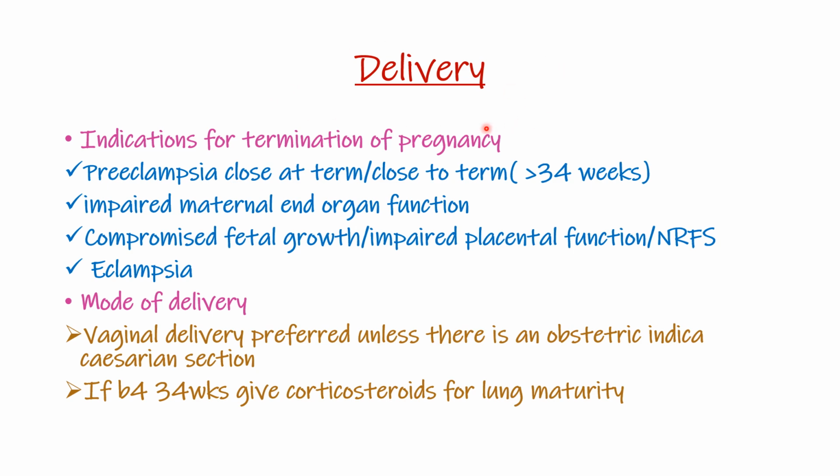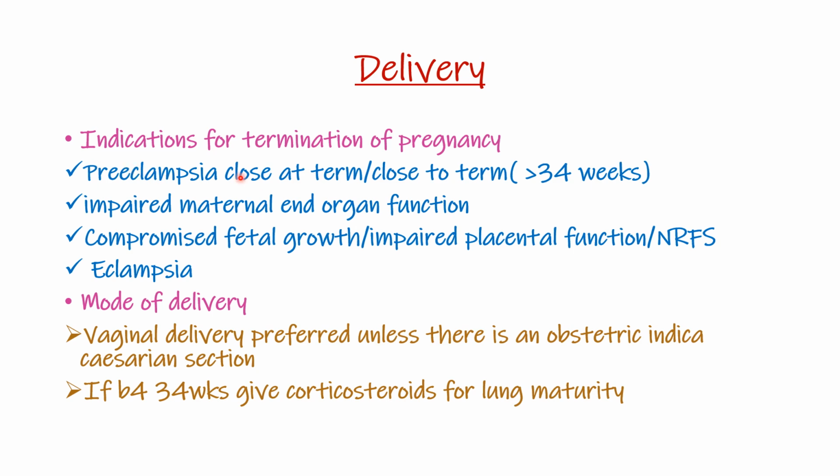When can you deliver? Let's just recap what we have said. We can deliver, number one, if it's eclampsia. Number two, if there are severe features of preeclampsia, which I've talked about in detail. Number three, if the mother or the fetus is being compromised in terms of end organ failure, and there's increased mortality of the mother or the fetus, or when the pregnancy is near term, that is greater than 34 weeks.